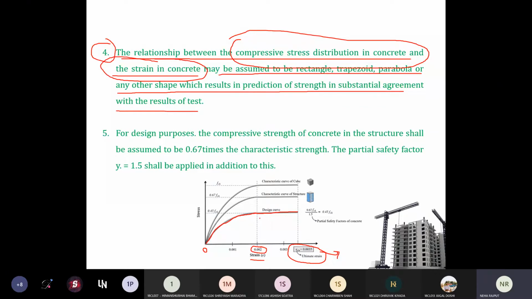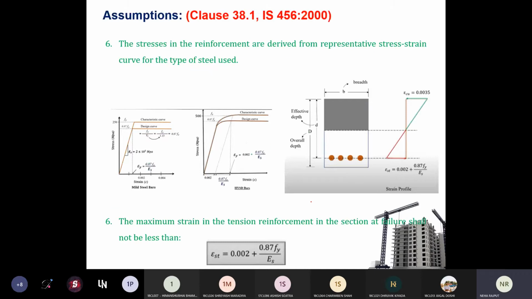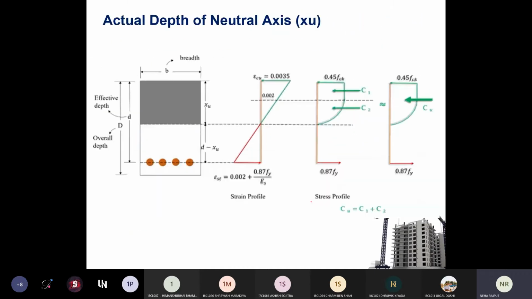If you remember the stress distribution diagram for the concrete, I'm showing you over here. This assumption is talking about this shape, that it may be a rectangle, parabola or triangle, as long as it gives proper design consideration for a safe design.